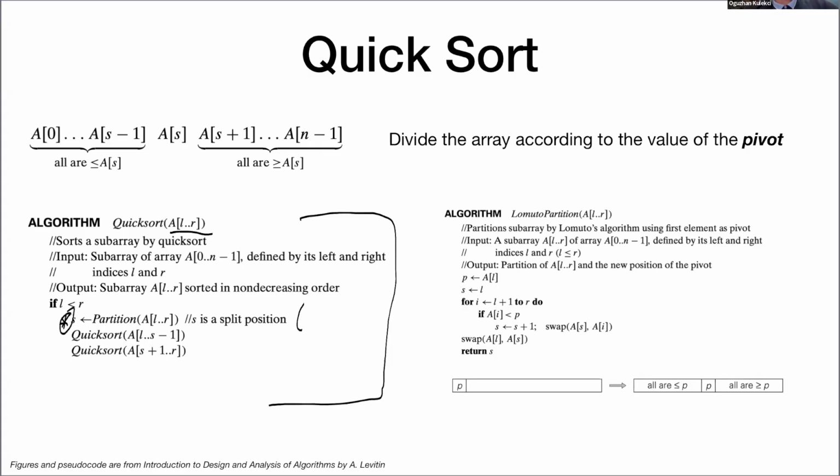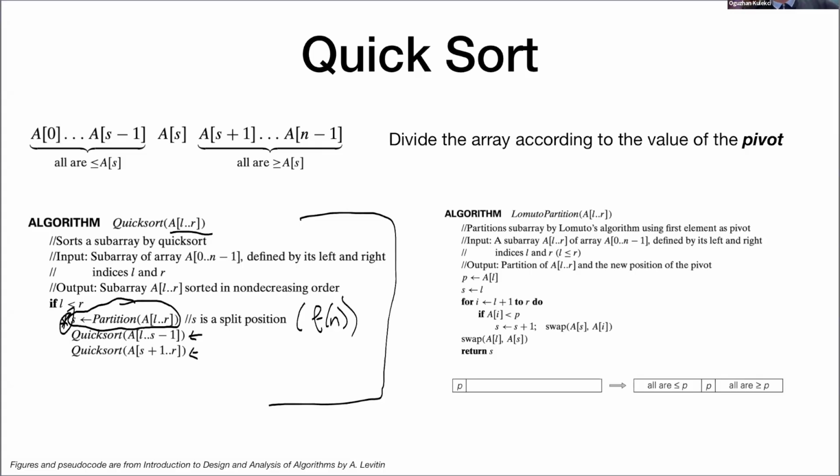This is actually your function. That's the partitioning. Once you have this partitioning, just send the left part to quicksort and the right part to quicksort again. And then the same thing will happen. But the point here is how I will make this partitioning.